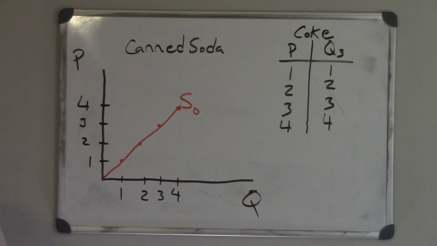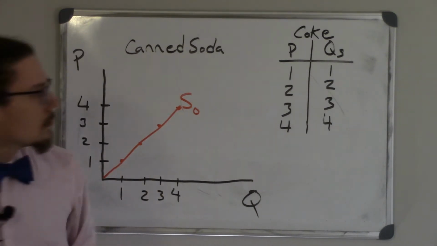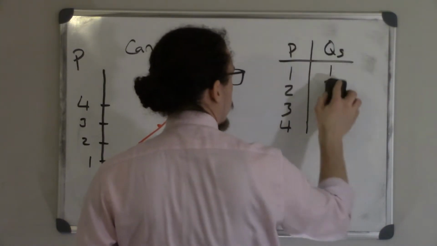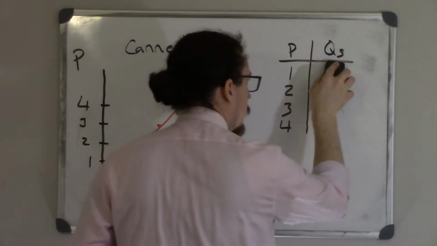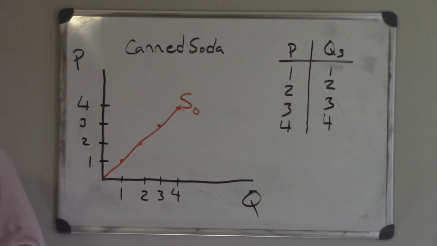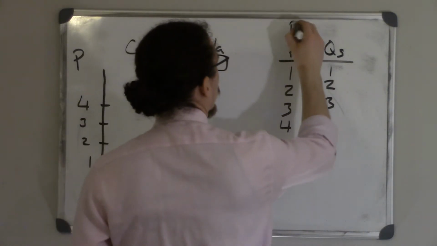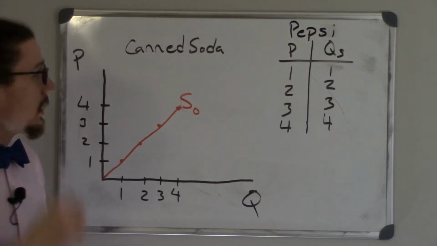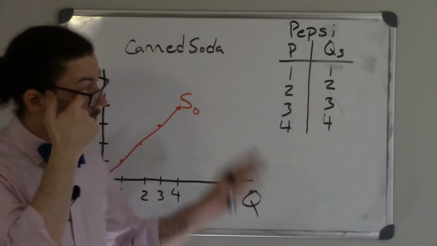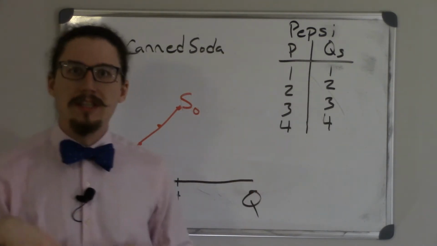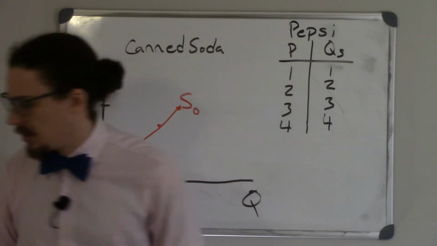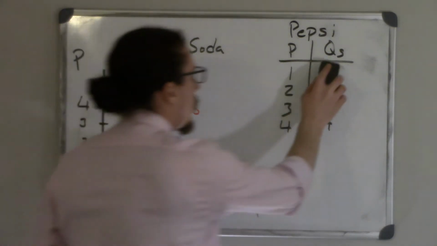Now let's add an additional seller. I'm going to erase this and use this space for everything else. Let's say that we introduce Pepsi. For simplicity's sake, we could assume Pepsi and Coke have the same schedule, but actually, let's change it a little bit.